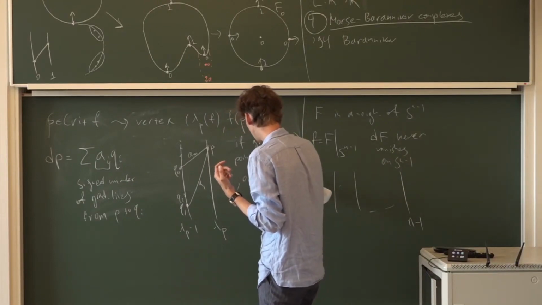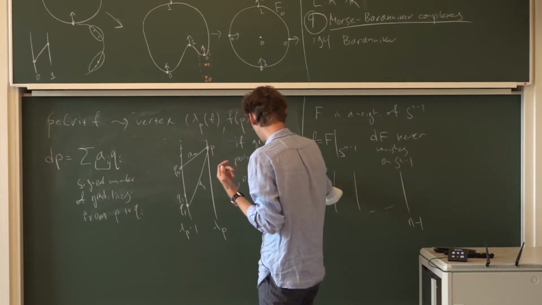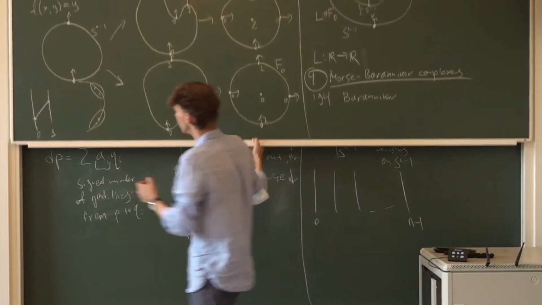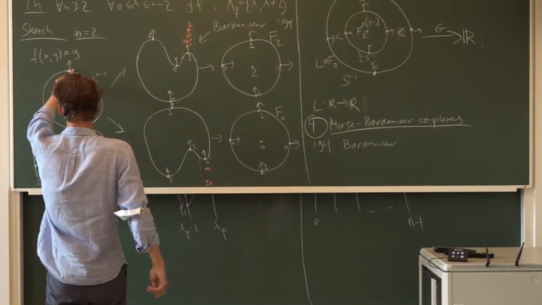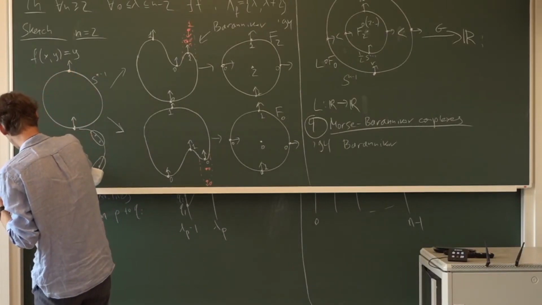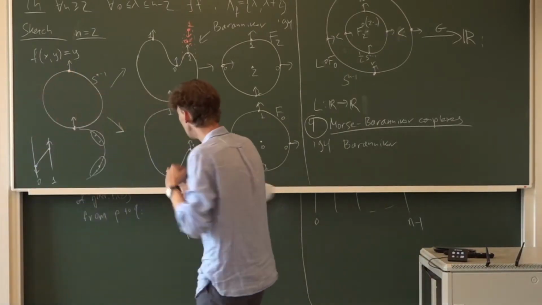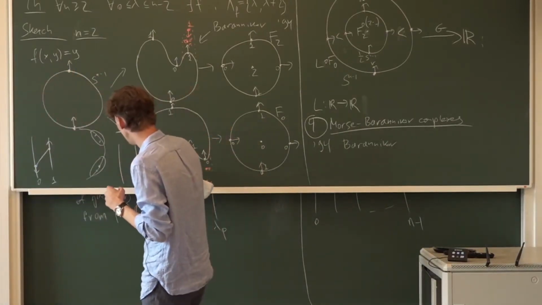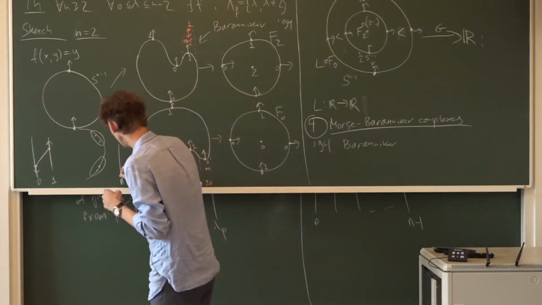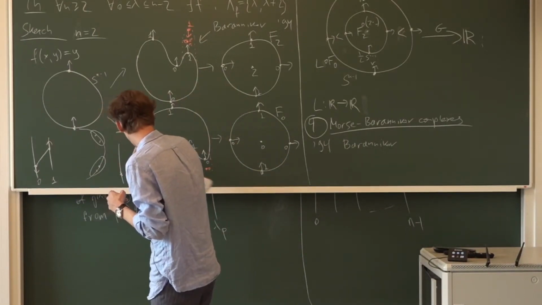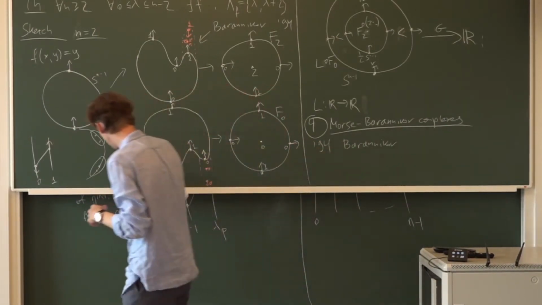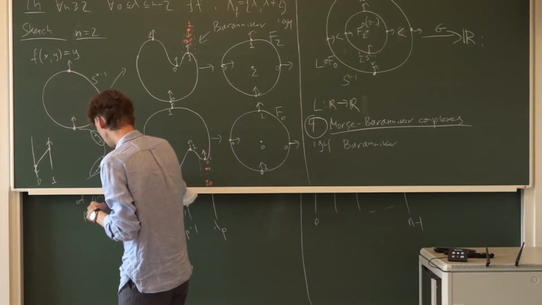If it points in, you put an arrow down. So in this example, here it points out, so the arrow goes up. Here it points in, so the arrow goes down. Now what happens here is that you insert two critical points. And both of the gradients point in. So your picture is like this.